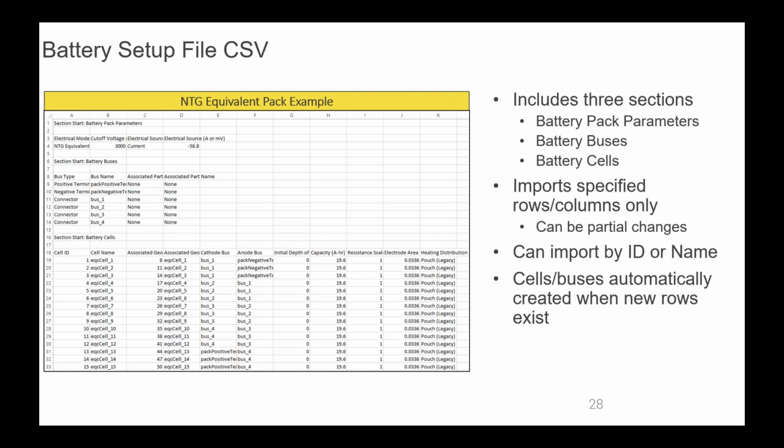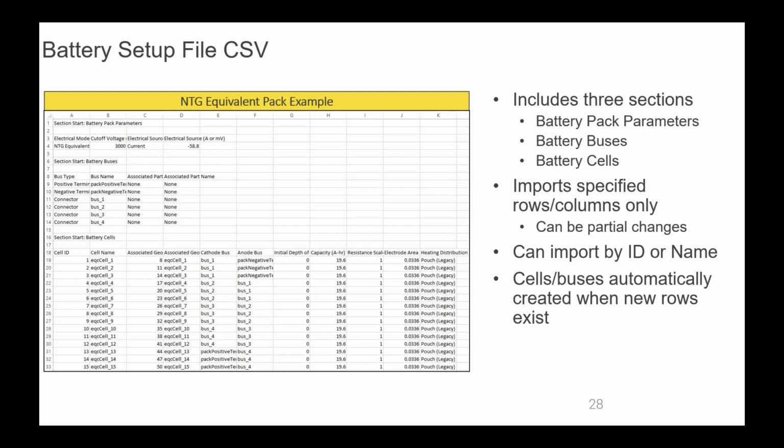And then we also have an import-export function that is similar to the boundary condition table that allows you to actually set up an entire pack using Excel and then save that file as a CSV and import it directly into TAITherm, and it will create cells for you, create buses. You can also just use this to modify your setup using automation.